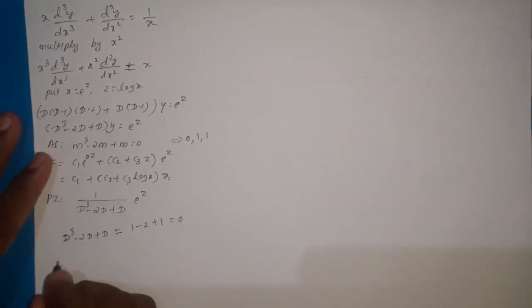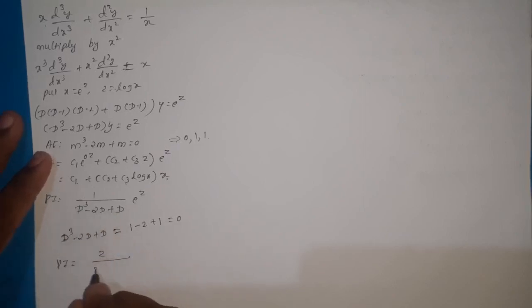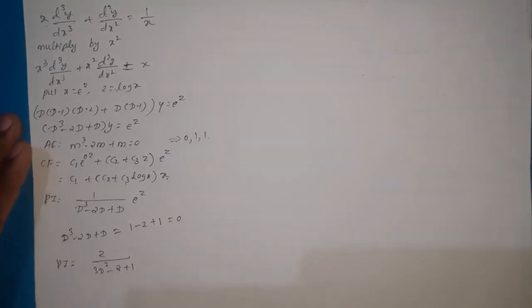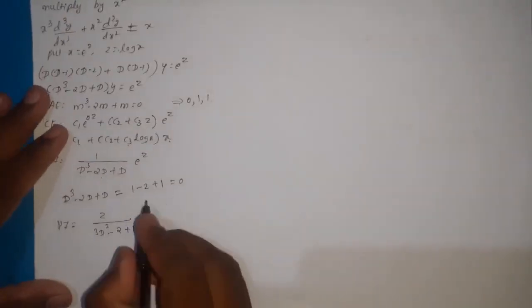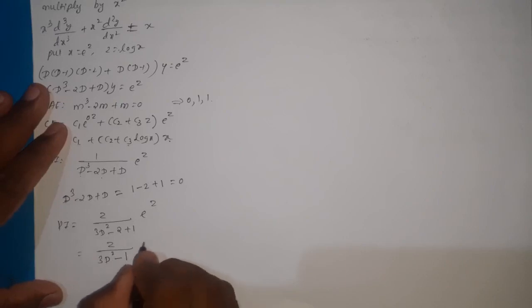So therefore now the particular integral becomes z divided by the differential of this one, 3d square minus 2 plus 1, right? 3d square, here 2d is there, that means 2, and the differential of d is 1. Now it is e power z, which is equal to z divided by 3d square minus 1, e power z.